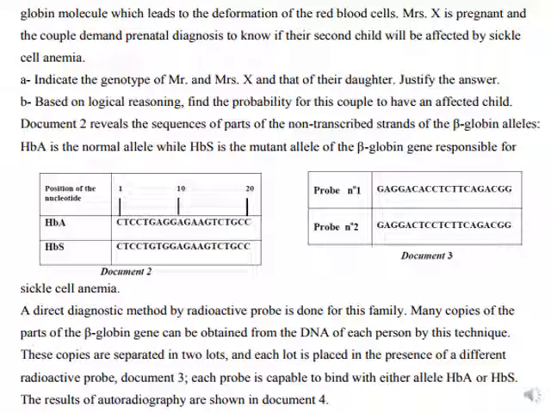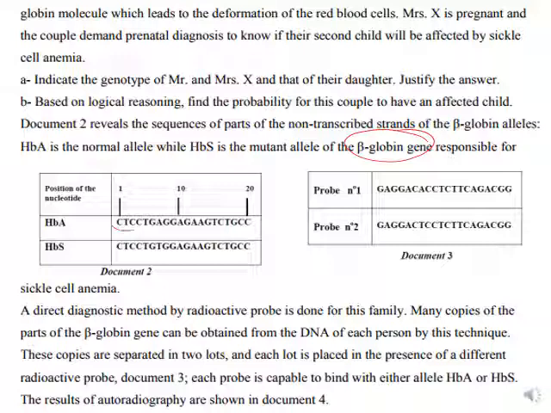So here, let's see what will happen. Here we have two sequences, HBA and HBS. HBA for the normal and HBS for the sickle cell anemia of the beta globin gene. Here we have two probes, probe 1 and probe 2. Let's see the complementarity between them.